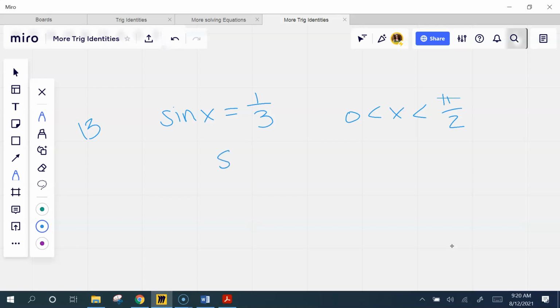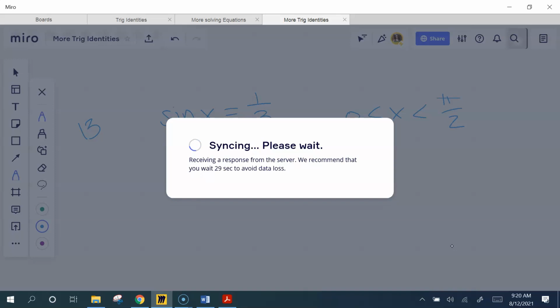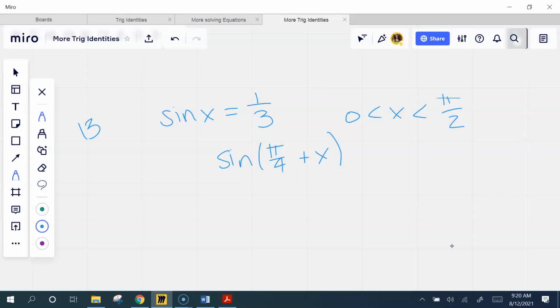It says then sine of pi over 4 plus x equals what? So what I'm going to do is use that additive identity for sine, right? If you look, I'm in sum and difference identities, the very first one for sine. It says, what does this equal?